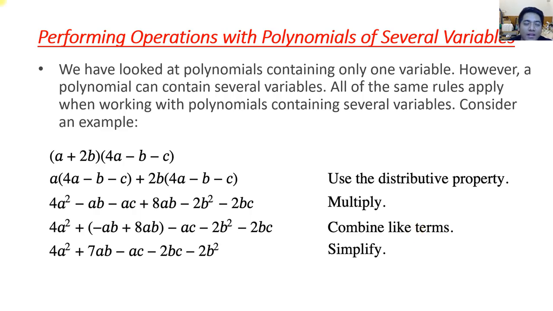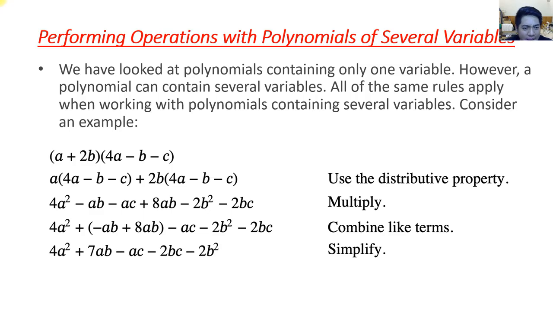The rules are still the same, but we cannot just simply add a and b because a and b are different variables. So are x and y. We cannot just say x plus y will be equal to 2xy. That is not the case. x is different from the variable y, and they may not have the same value.